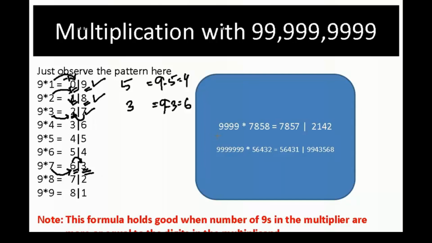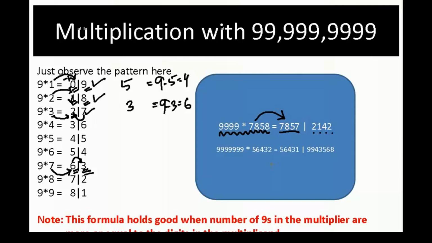Here we have given two examples. You see here I am doing 9,999 into 7,858. Just think how much time it will take in a conventional way. But in this way, the first thing is to take 1 less than this number, that is 7,857, and then find the 9's complement of this number.